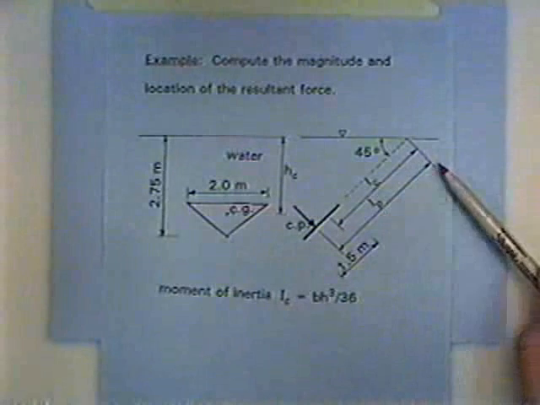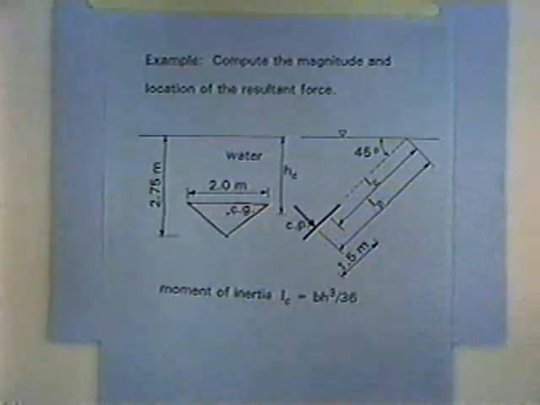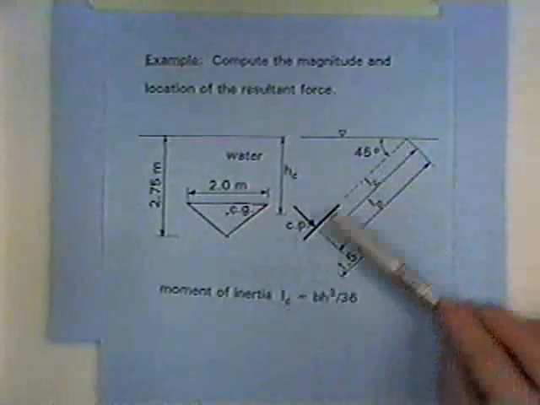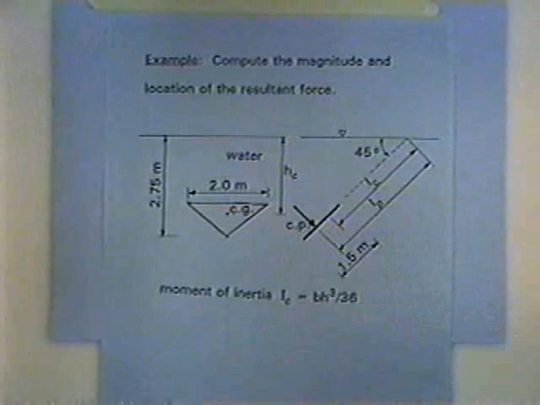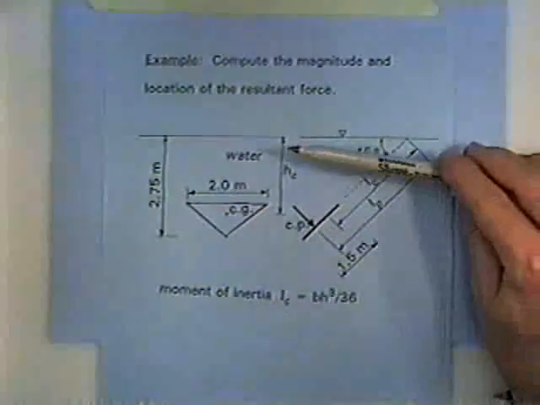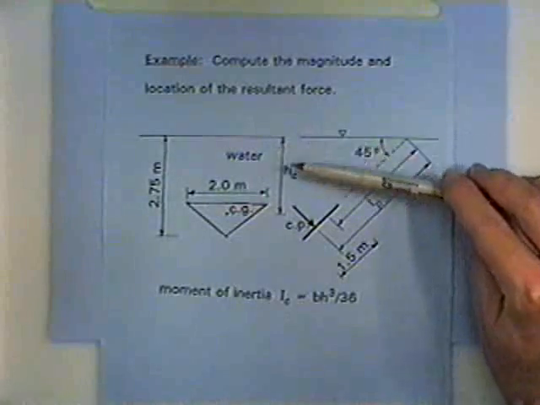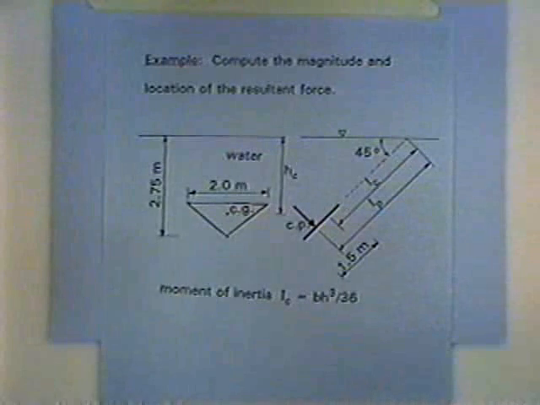The L sub P is the distance from the water surface to the center of pressure, and notice that's measured not vertically but along the incline at which the plane surface is inclined in the water. The H sub C, now that's a vertical measurement, and that's the head, the vertical column of water, and it's measured from the water surface to the center of gravity of the plane surface.